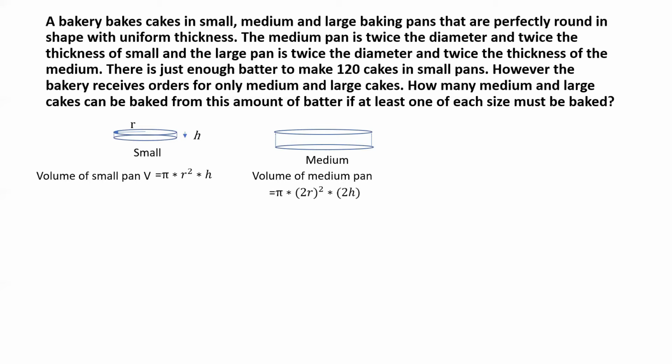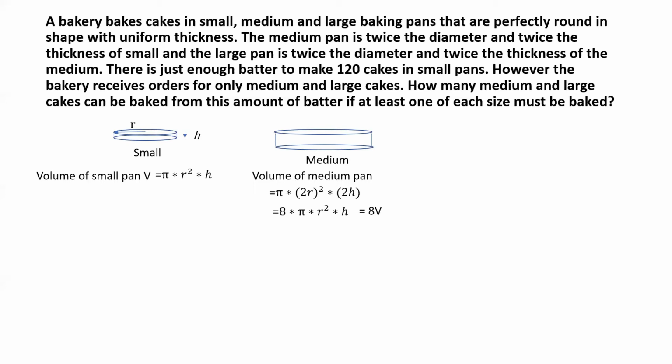It will be pi multiplied by 2r, because the radius is twice the radius of the small, and the thickness is also twice that of the small pan, so 2h. So it's pi multiplied by (2r) squared multiplied by 2h, and if you do this simple calculation, you get 8 pi r squared h. So that's the volume of the medium pan.